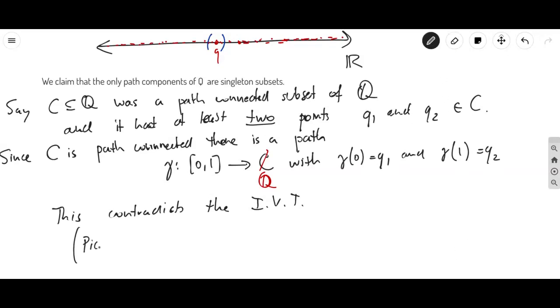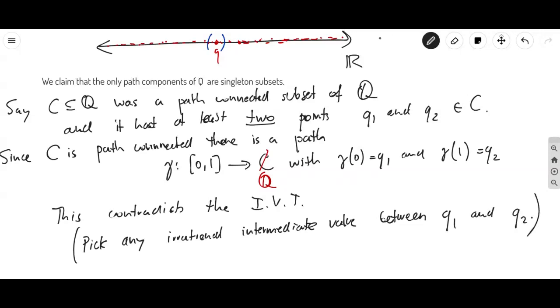So basically you pick any irrational intermediate value between Q1 and Q2. Between any two rational numbers, you can find an infinite number of irrational numbers. So pick any one of those irrational numbers.